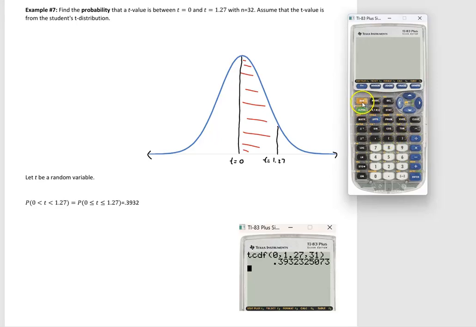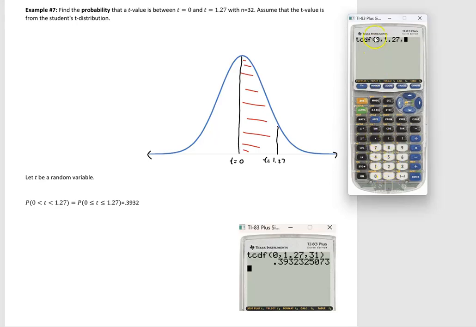So go to your calculator and use second, and under distribution, the proper command to find area is going to be the TCDF. So TCDF will find area, and most of the models use degrees of freedom. For this specific problem, we want to find the area under the curve between 0 and 1.27.